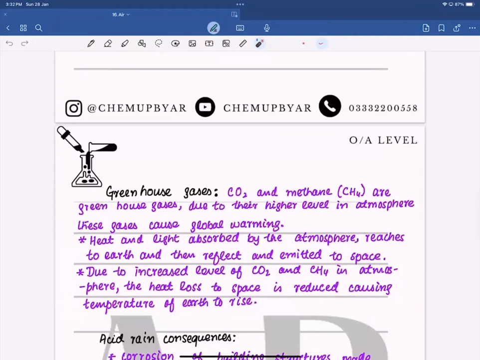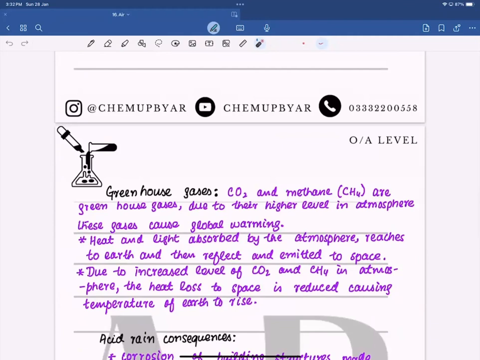As I have told you earlier, if there were no greenhouse gases in our atmosphere, then the average temperature of the Earth would fall to minus 19 degrees Celsius. And right now it's between 25 and 30. That is the average temperature. So what will happen if we are doing such activities which cause more greenhouse gases to be produced in our atmosphere?